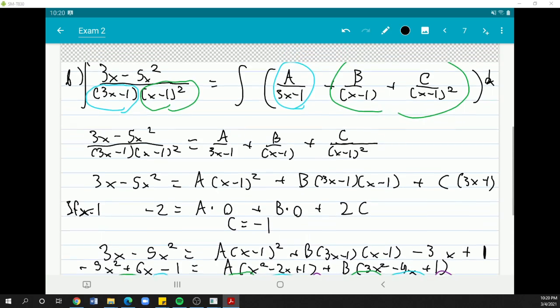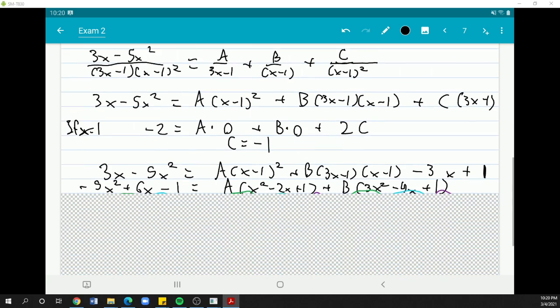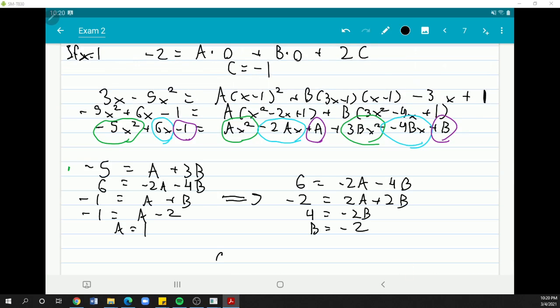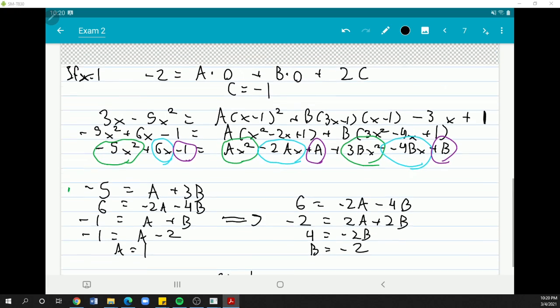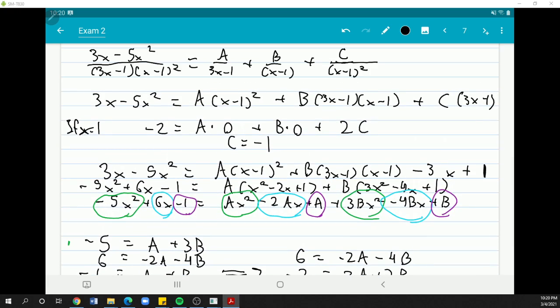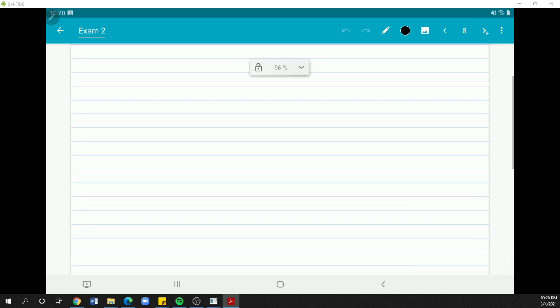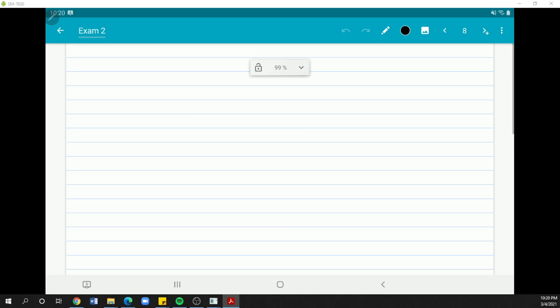So it's a, b, c was minus 1. So I might have to go back and forth a little bit. I have a over 3x minus 1. So we have integral a was 1 over 3x minus 1 dx.